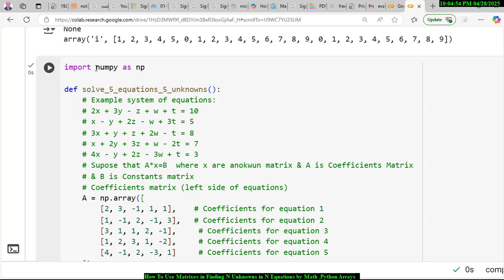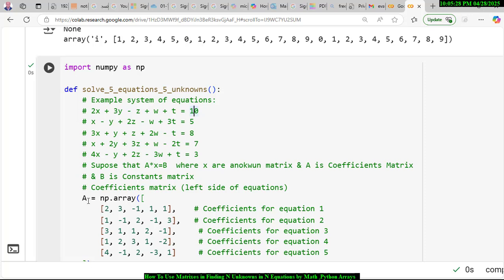First of all, I import NumPy as np, and then we have these equations. On the left hand side are the unknowns times the coefficient of each one, and on the right hand side we have the equivalent constant. Those on the right hand side will be a separate array, which is the B array, and the coefficients of all of them will be the A array.